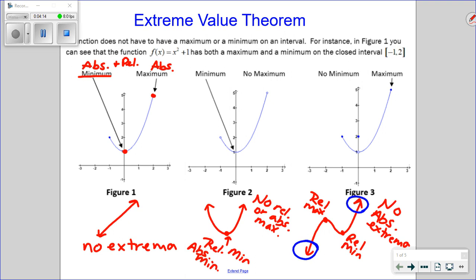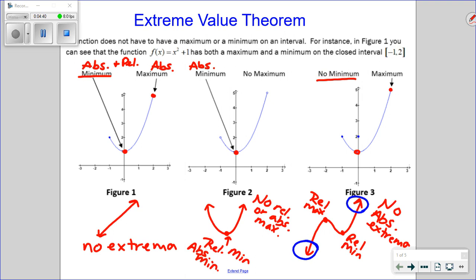Let's look at figure 2. So this function, again, has an absolute minimum, but no maximum. In figure 3, this graph has no minimum because there is now an open circle here, but it does have a maximum.